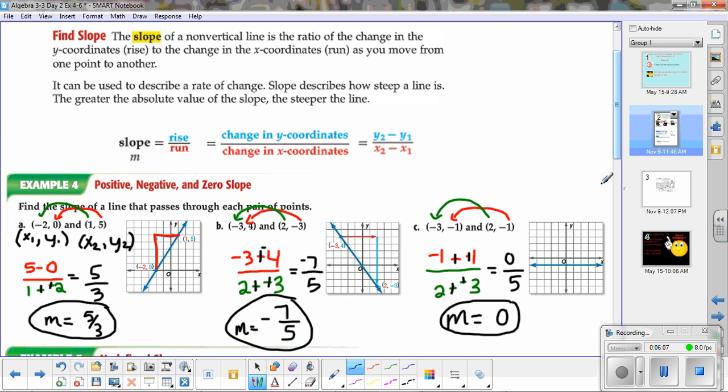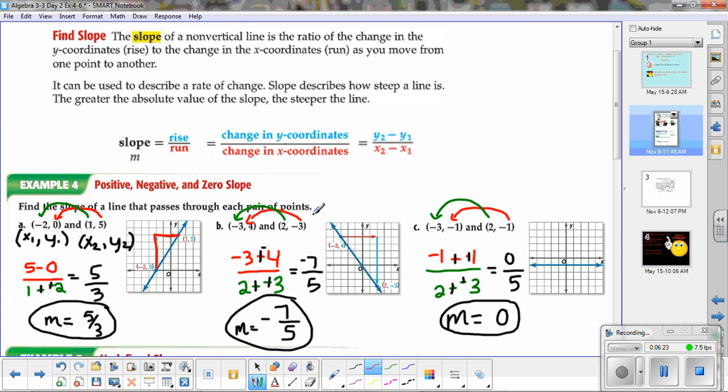Now I do want to just quickly point out too that if I were to switch these 2 points around and have this be my x2, y2, and this be my x1, y1, I would end up with the same result.